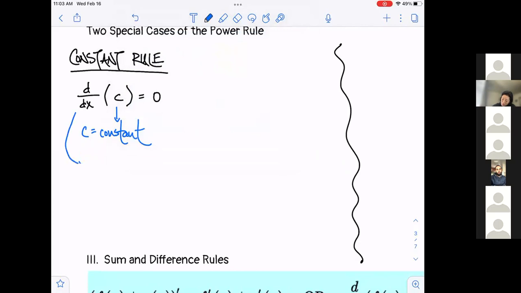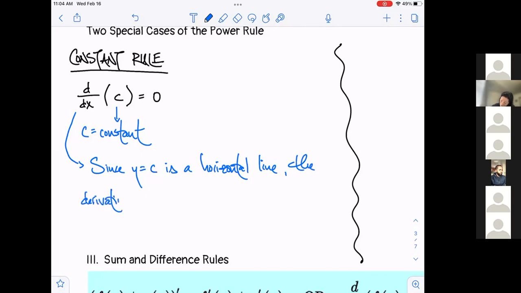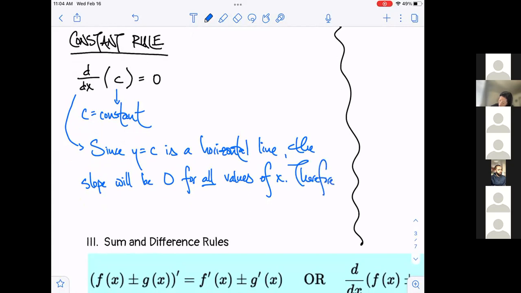The reason for this, we can say, since y equals c is a horizontal line, the slope will be 0 for all values of x.